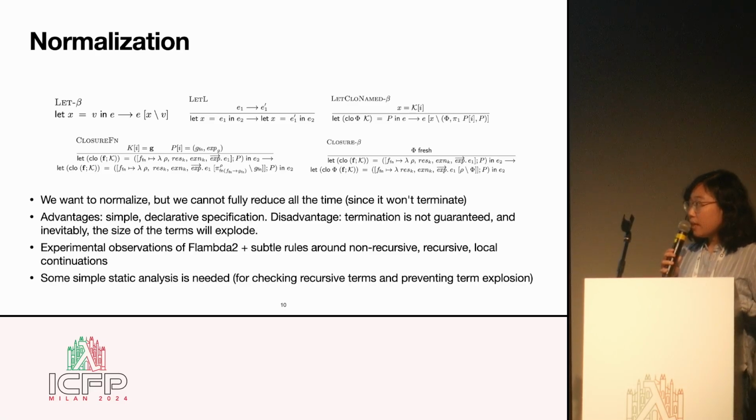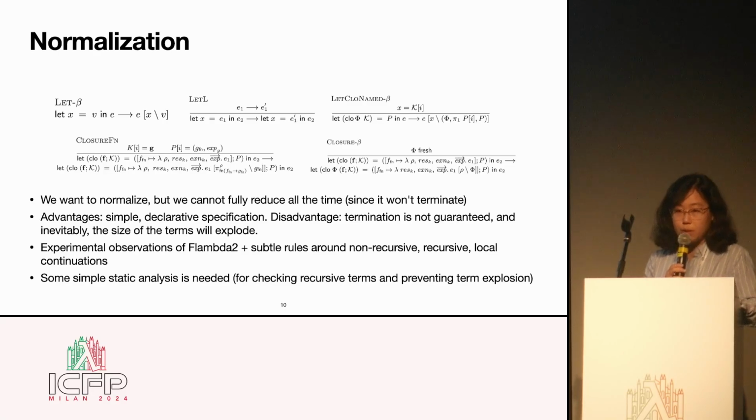Another interesting thing is that, although it's not shown in the rules here, we also do in the process some very simple static analysis, which is needed for checking some recursive terms and preventing further term explosion.